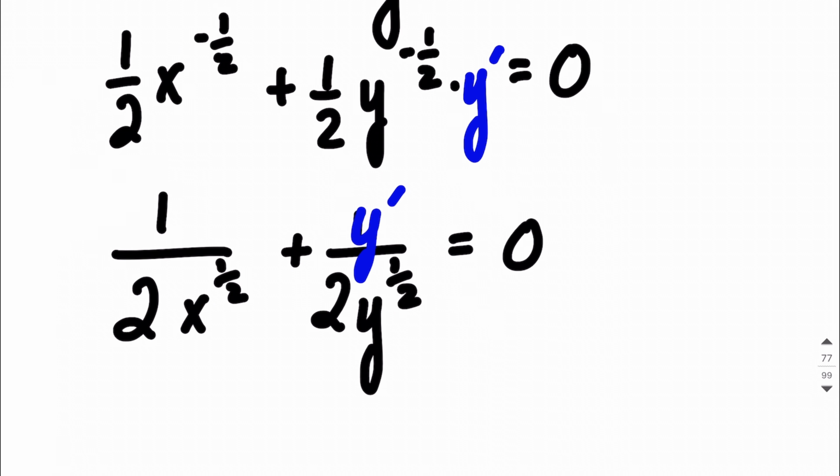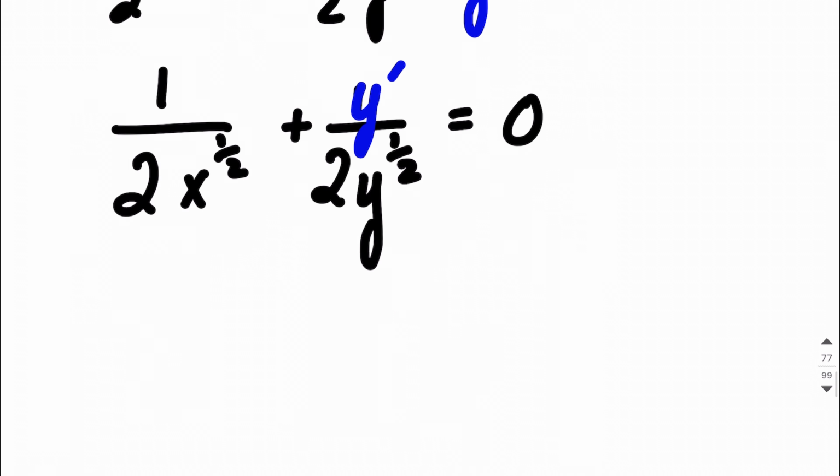All right, next let's go ahead and work on isolating that y prime further. To do so, let's first move the first term that has the x over to the right-hand side. So I'm going to subtract 1 over 2x to the 1/2 power from both sides.